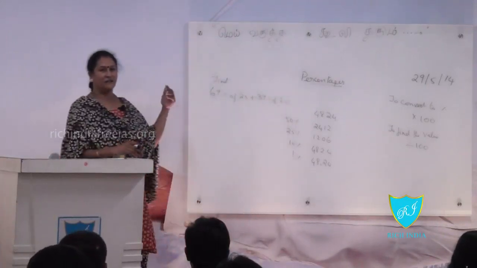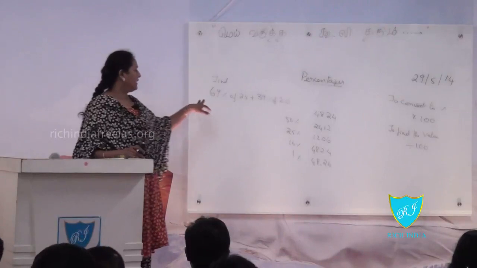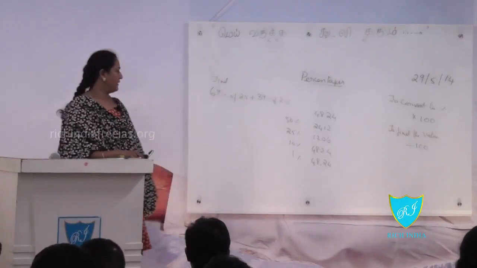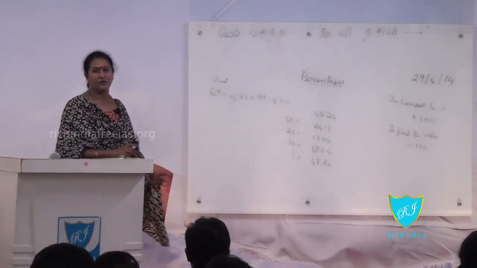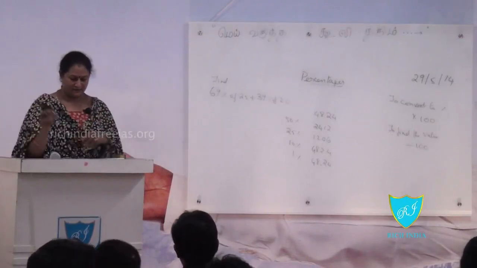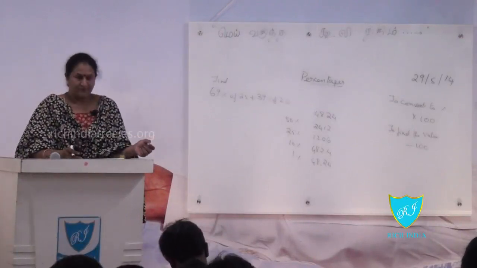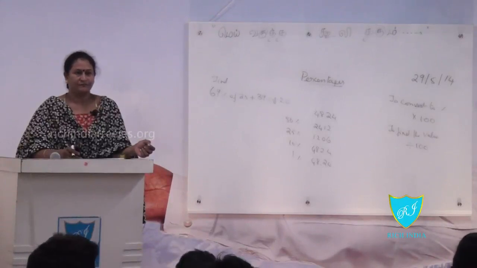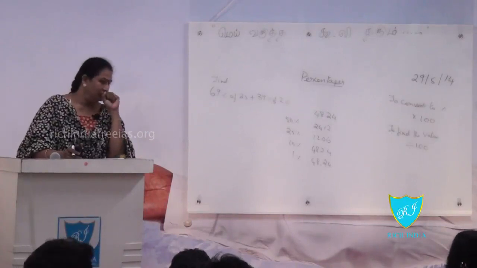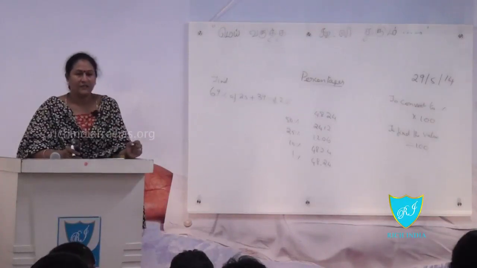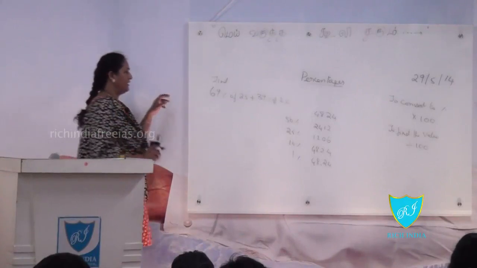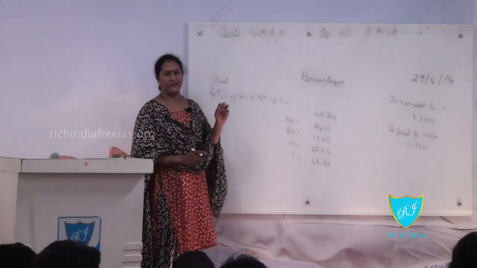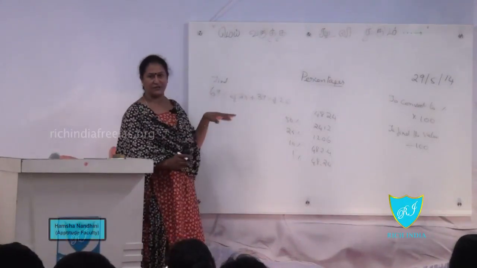Is it visible? So find 69% of 25 plus 39% of 20. When you are finding 69% of 25, in simplification you get this type of question.